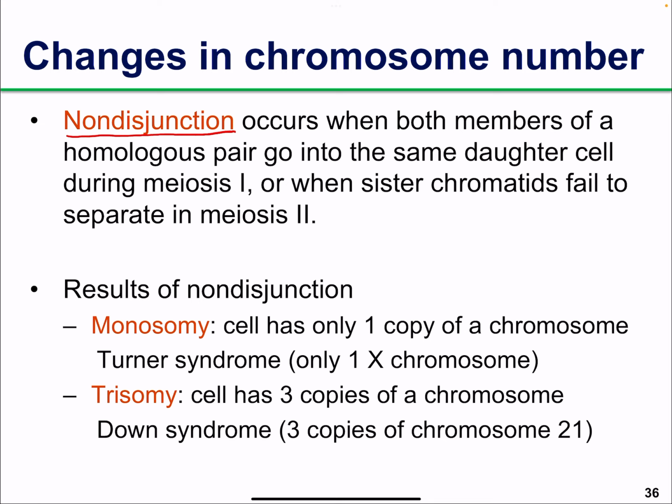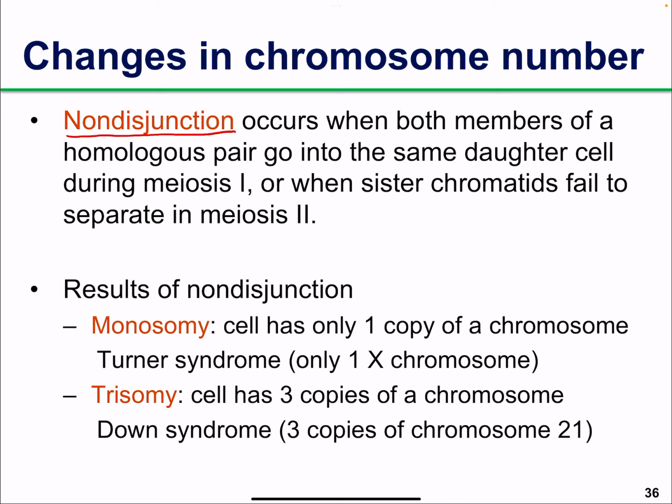Now, the consequences are more severe when non-disjunction occurs during meiosis 1, because if non-disjunction happens, which means that the homologous chromosomes do not separate, all daughter cells are not going to contain an equal amount of chromosomes, right?